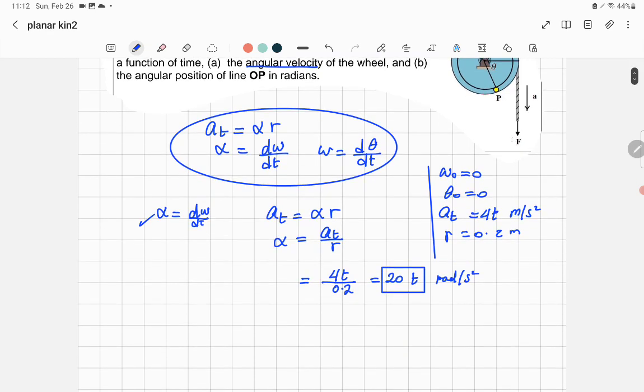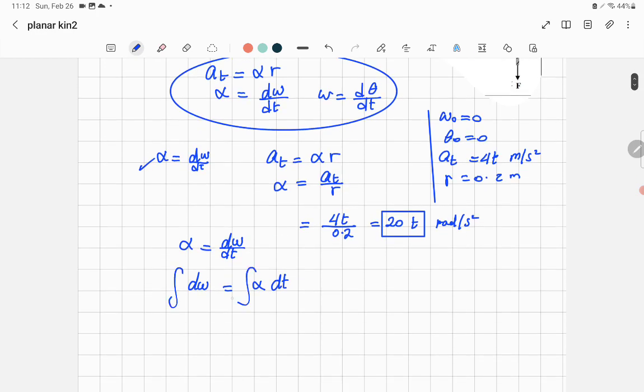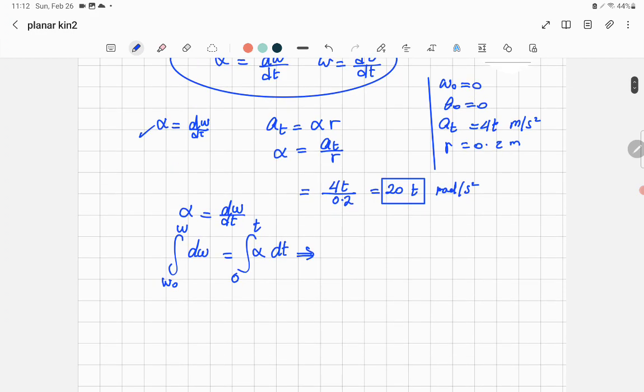We got alpha, and we know that alpha is equal to the first derivative of the angular velocity with respect to time. In this case, d omega over dt is equal to alpha. I multiply by dt both sides, so that's d omega, and then I integrate both: omega from the initial angular velocity up to omega, and time from 0 up to t. So the first one will be omega minus omega naught, but omega naught is equal to 0, as given in the problem, at rest, equal to alpha.